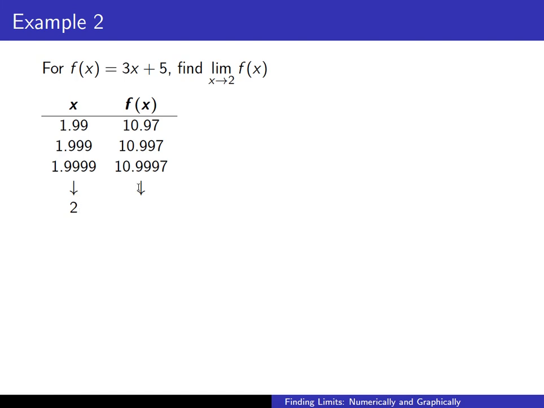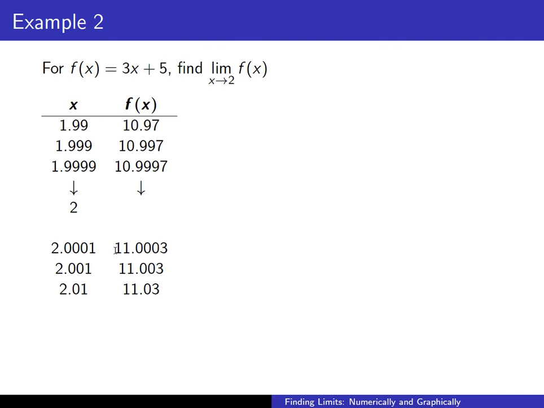So finding the limit as x approaches 2, what are the outputs? Well, let's see if we can have some outputs coming from values higher than 2. 2.01 gives us 11.03. 2.001 gives us 11.003, and 2.0001 gives us an output of 11.0003.